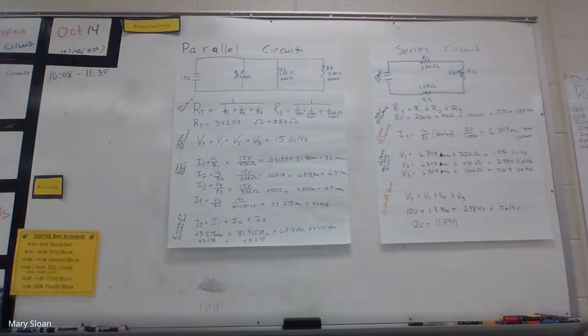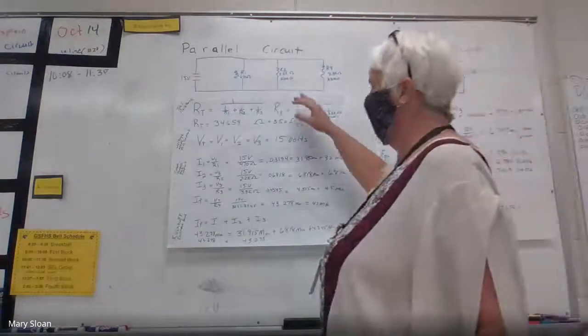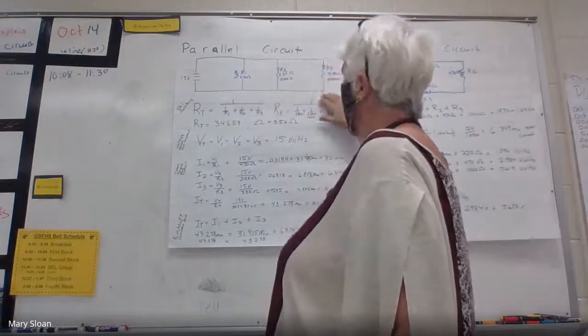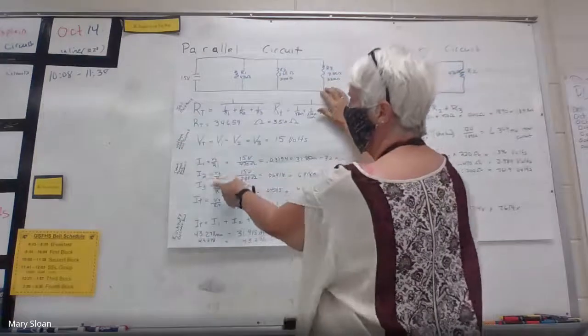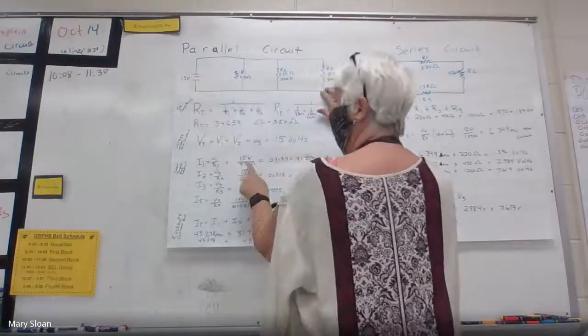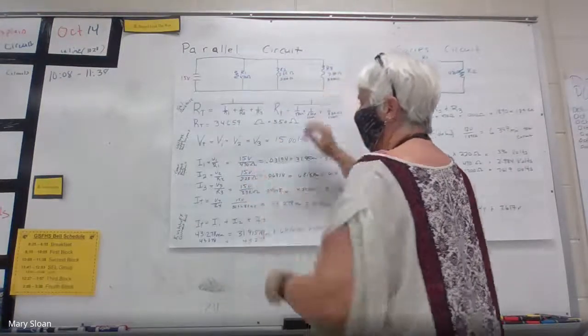The third thing I'm going to do is see the current through each component, so I want to find it with resistor 1, resistor 2, and resistor 3. To do that, the only thing I'm going to do is take my voltage and divide it by my resistance.